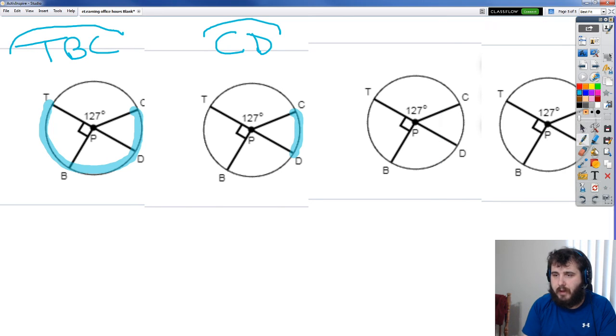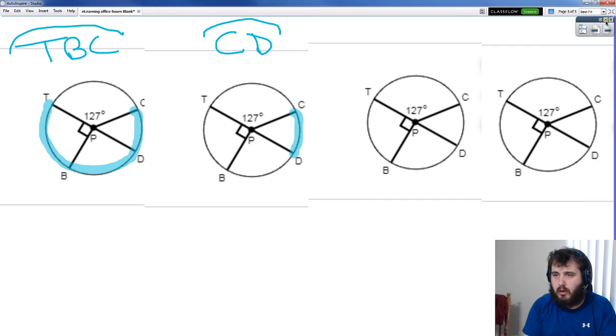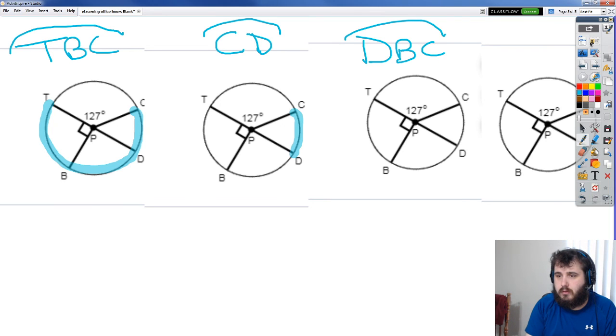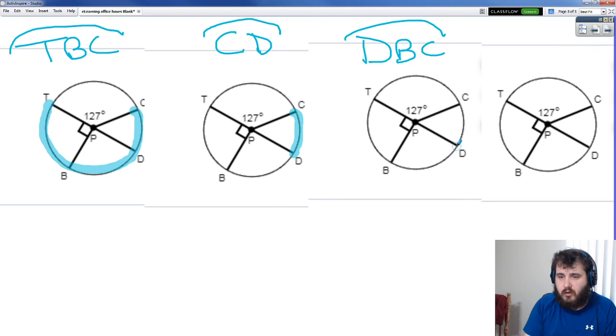If we were talking about arc, I don't know, DBC. Notice 3 letters, we have to go the long way around the circle. Start at D, long way around the circle to get to C. So here we want this much.